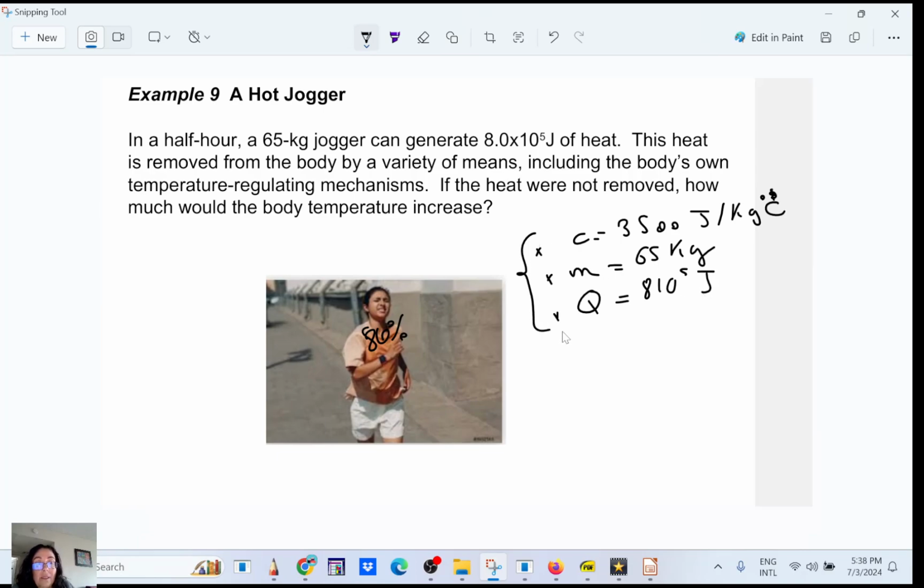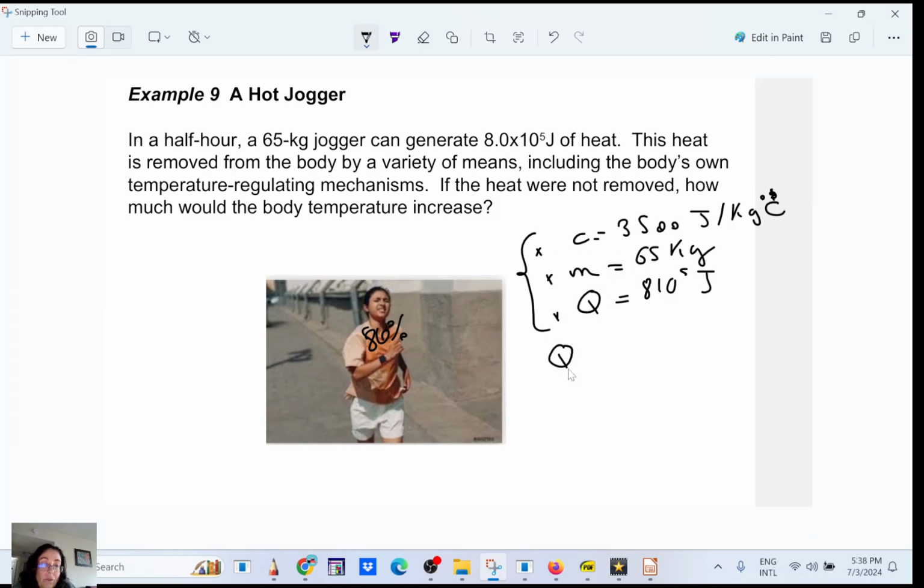Let's find the increase in temperature if that amount of heat is produced in half an hour, and if the human body didn't have a self-regulating temperature system.